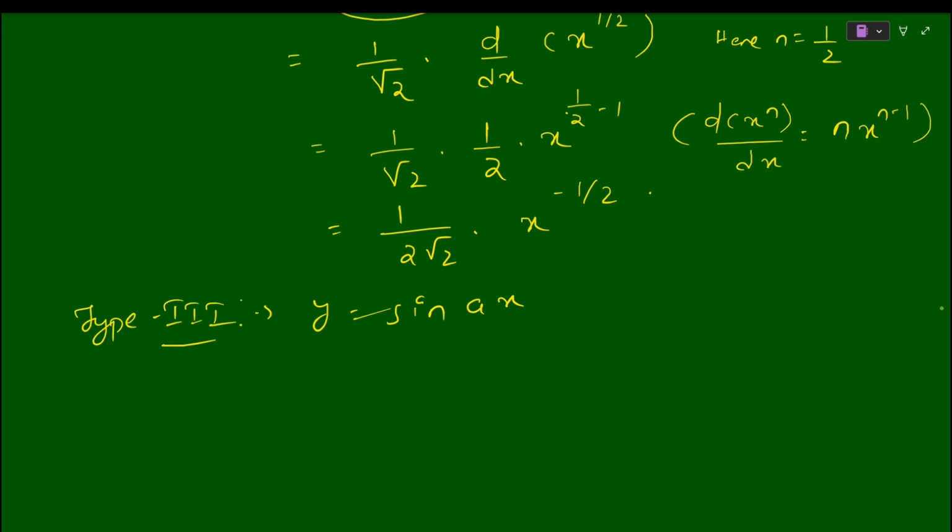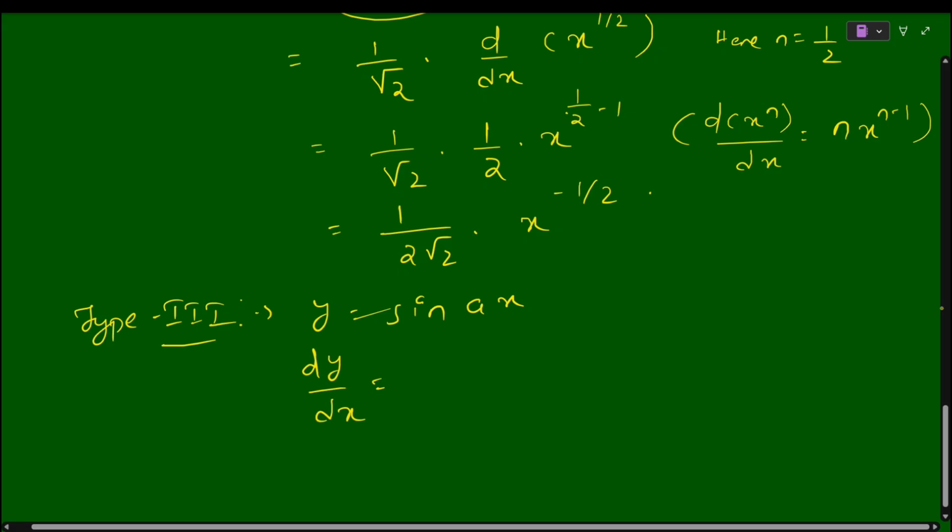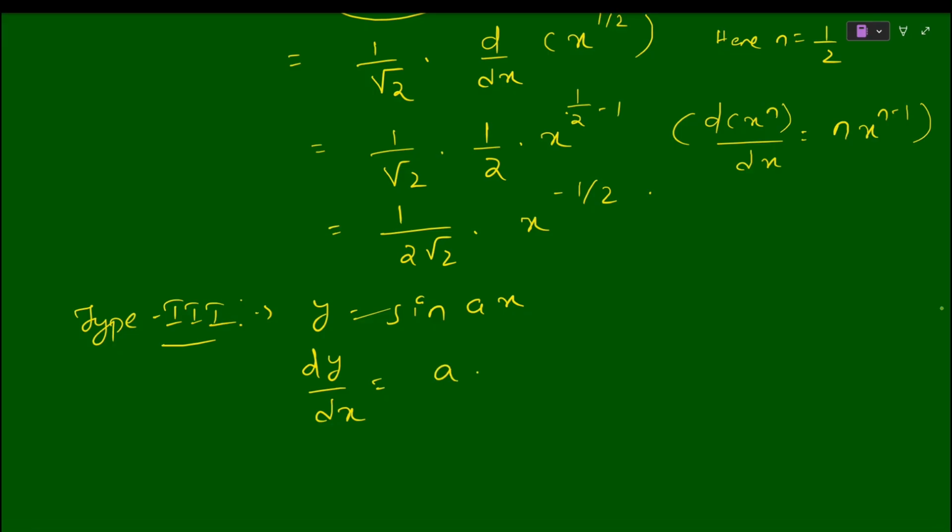It would be dy by dx, which for sine ax means it would be a cos ax. Actually it is a type of function of function. We will see this one later. After some time I will share the other formulas to find the derivatives.